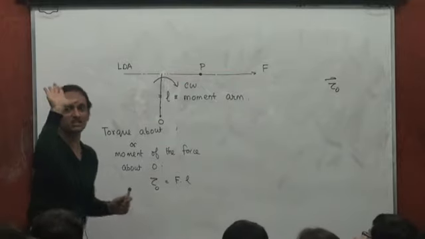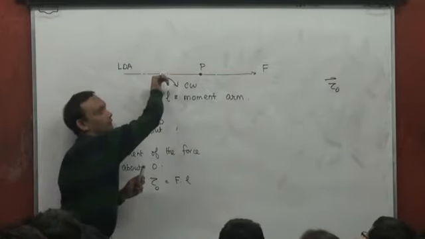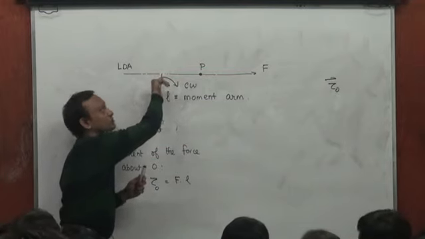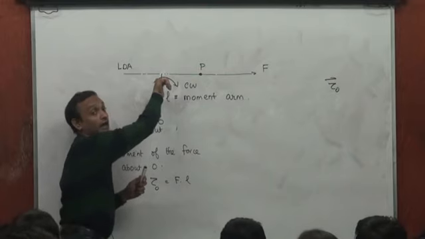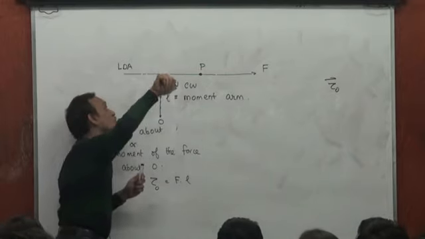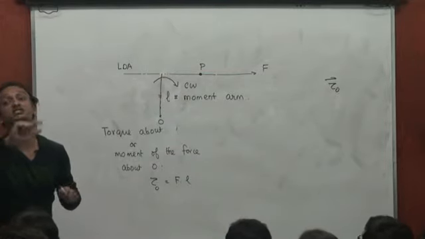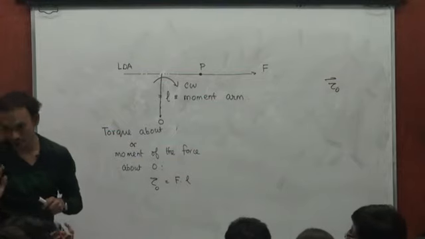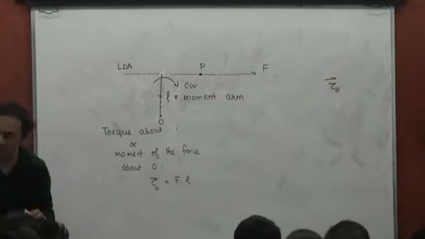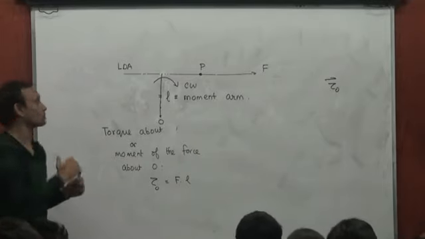Curl the fingers of your right hand along the sense of rotation, like this, and watch your thumb. The thumb in this case goes into the plane of the board. That's the direction of the torque. We will not talk of the direction; in most cases, we will talk of the sense of the torque.